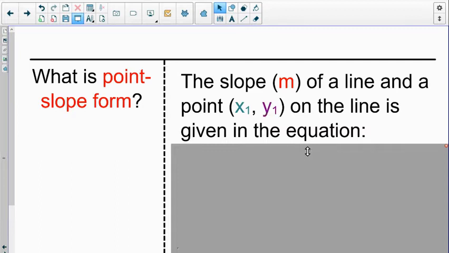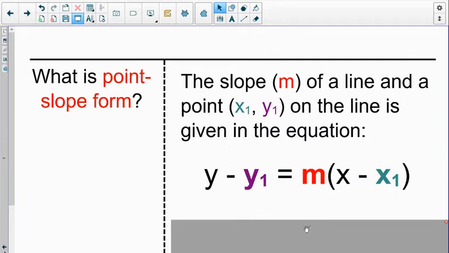So here's what the form of the equation looks like. The way that we read this is we say it's y minus y sub 1 equals m times x minus x sub 1.